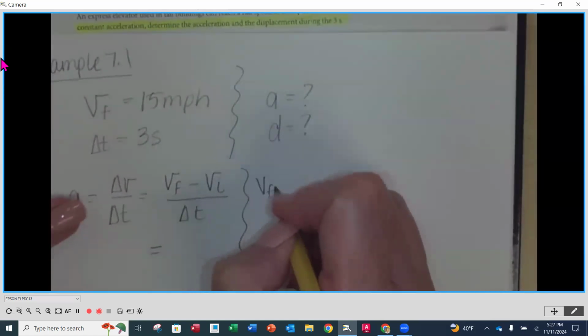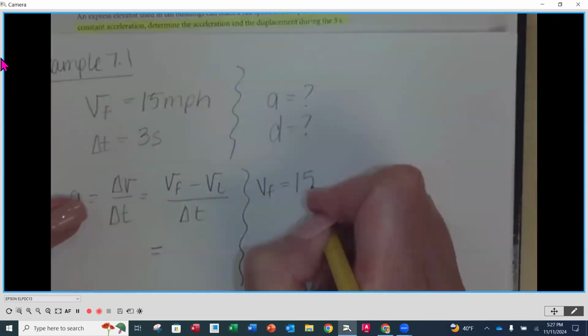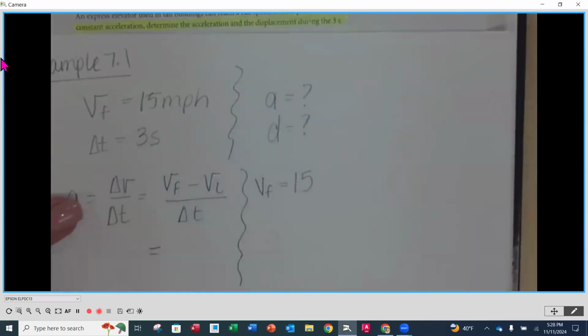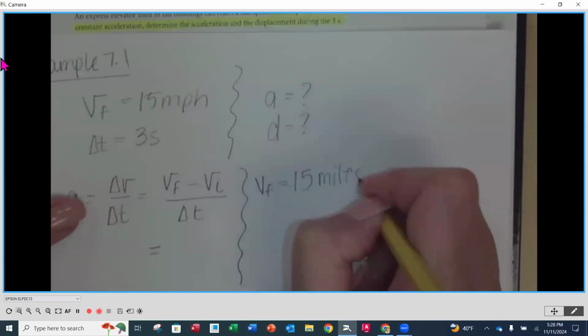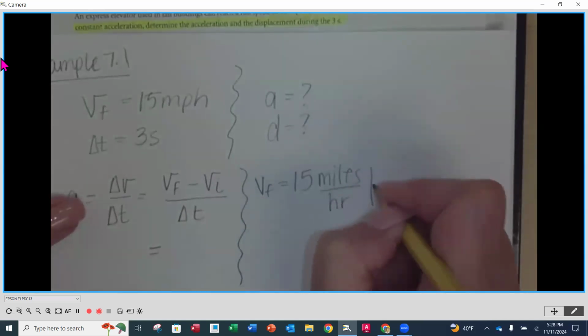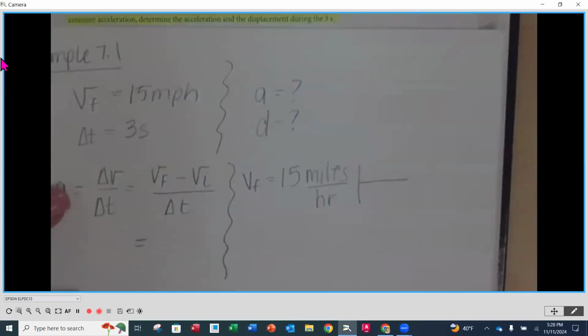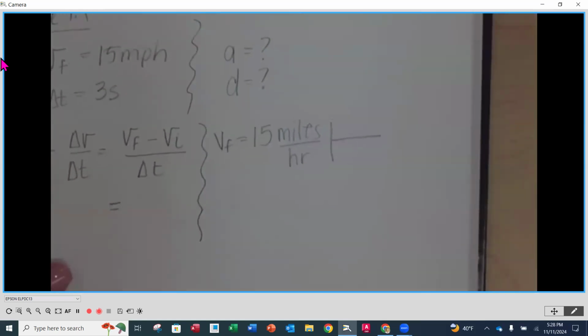So my velocity final is equal to 15. And remember, when we have like MPH or RPMs, we want to expand out those units so that they're top and bottom. So in this case, it's going to be 15 miles per hour. And we want to get to feet per second.